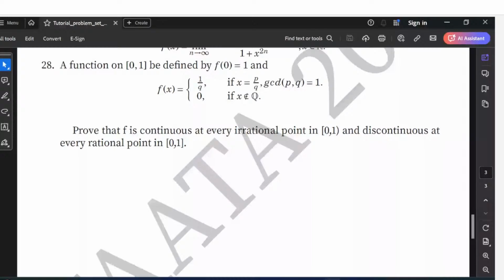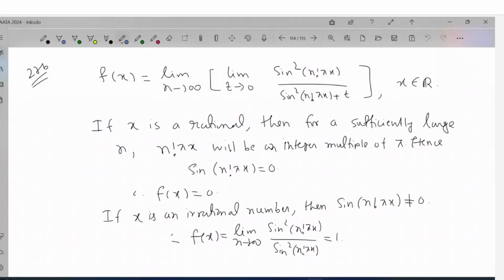f(x) is 1 by q if x is p by q, 0 if x does not belong to Q. So f(0) is 1, as was given.